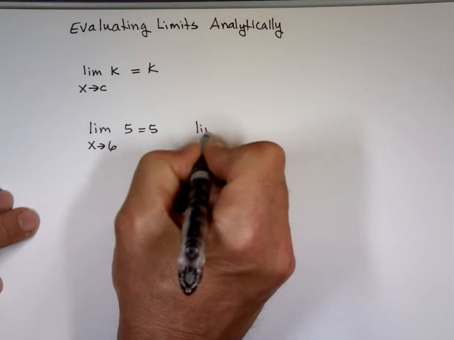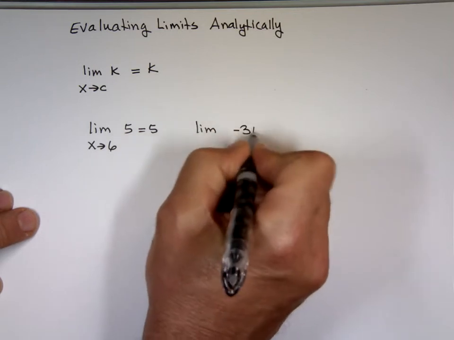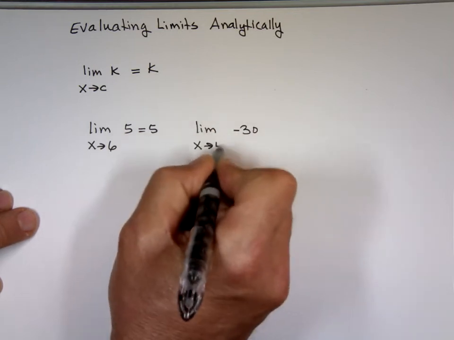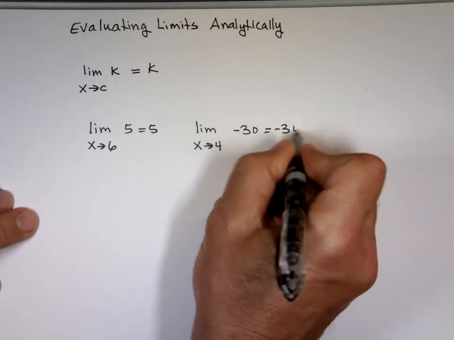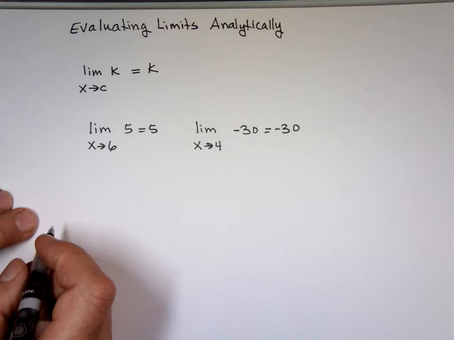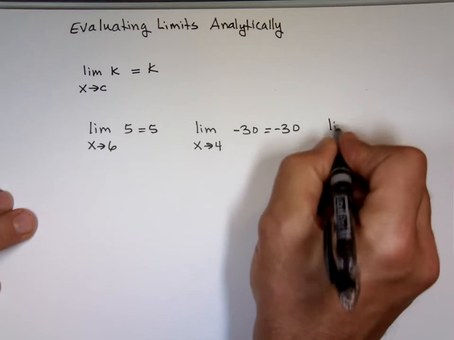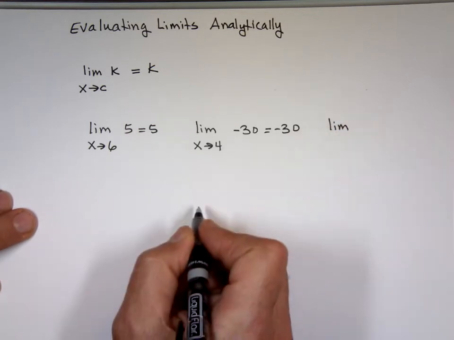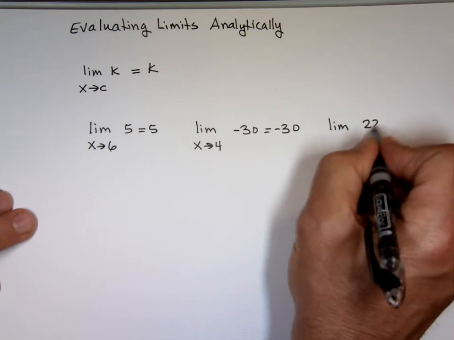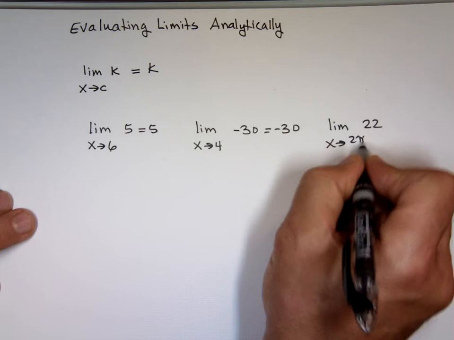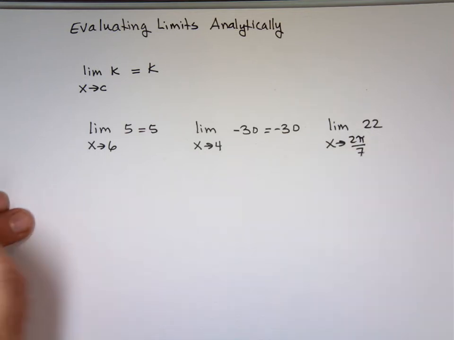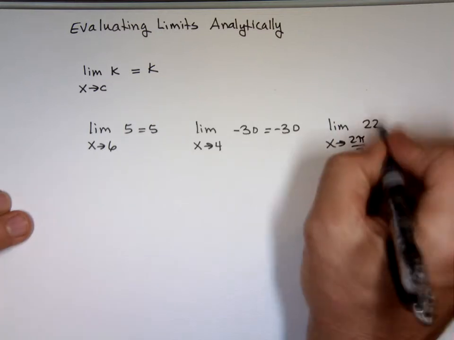What's the limit of negative 30 as x approaches 4? Still negative 30. What's the limit of 22 as x approaches 2 pi over 7? What do you think? 22.